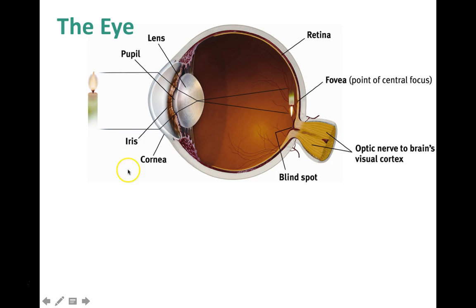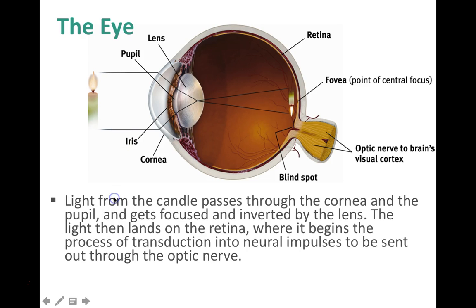There's the pupil. So the light from the candle passes through the cornea and the pupil, and gets focused and inverted by the lens, okay.